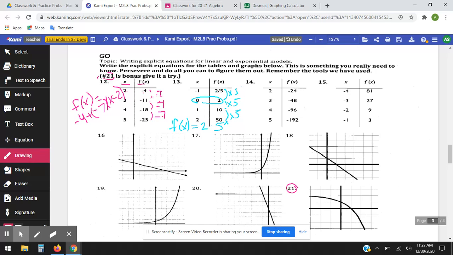Okay, let's go over here. This one is a negative 24 to a negative 48. This one looks like a times 2, and it is a times positive 2 because I'm keeping the negative. So that means I must be timesing by positive 2.